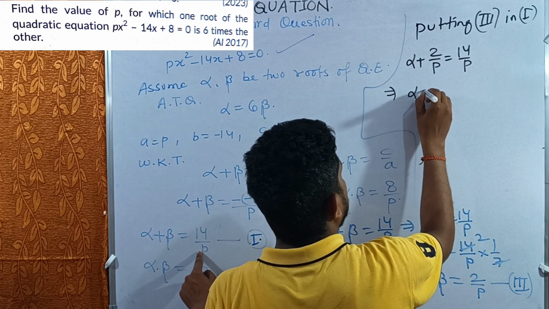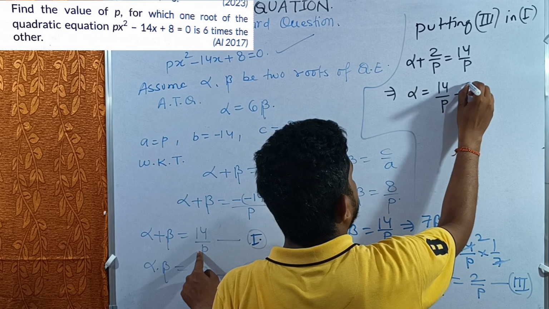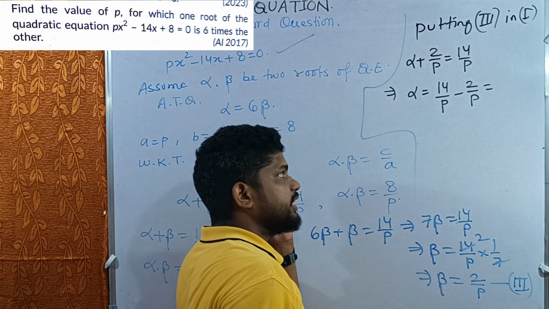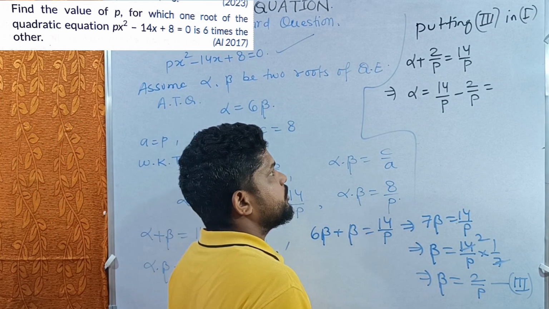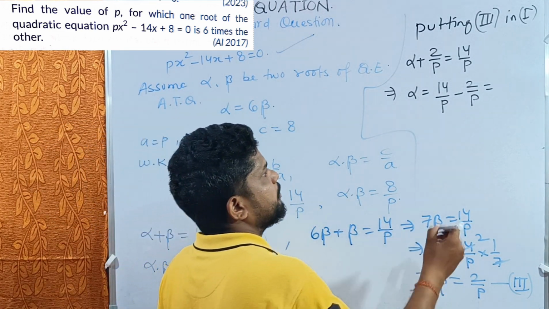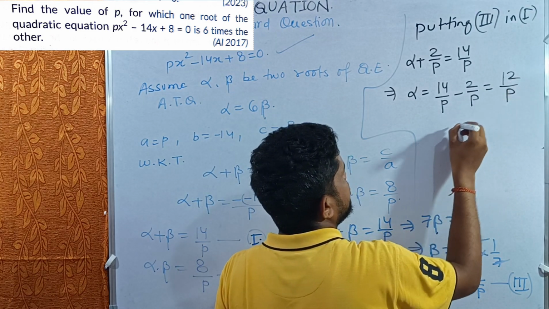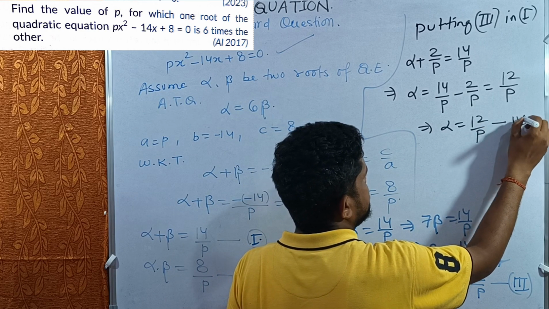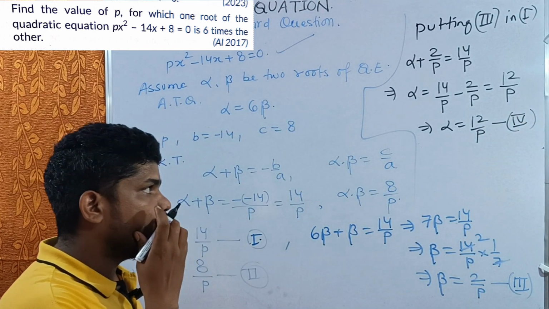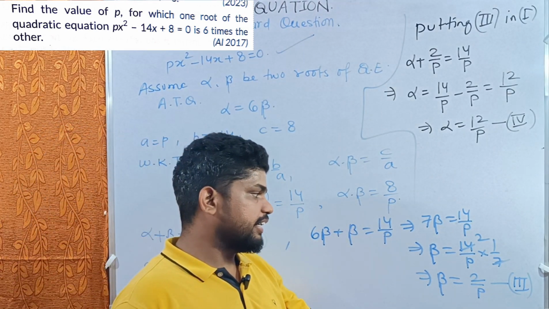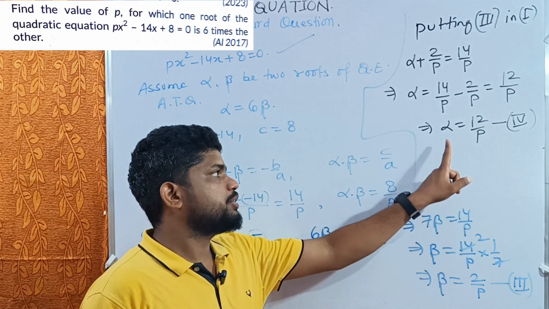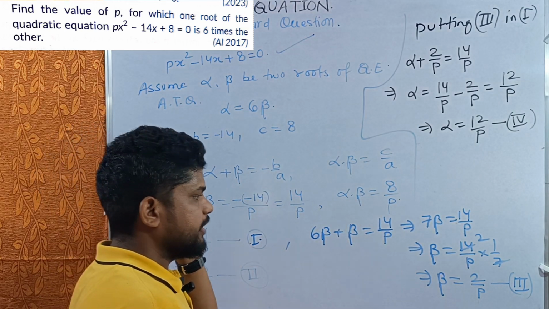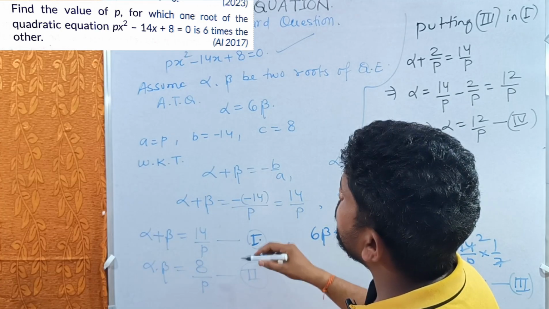This implies that alpha will be (14 minus 2) divided by p, since the denominator is the same, which is 12 divided by p. So the value of alpha is 12 divided by p, let us take it as equation number 4. Equation number 3 gives the value of beta, and equation number 4 gives us the value of alpha. But our aim is to find the value of p.